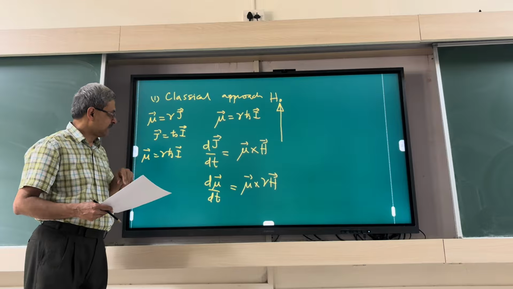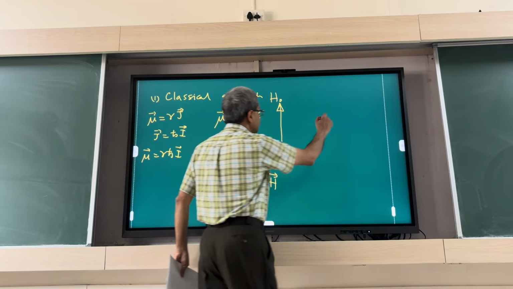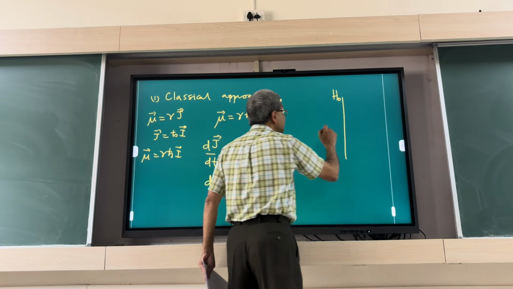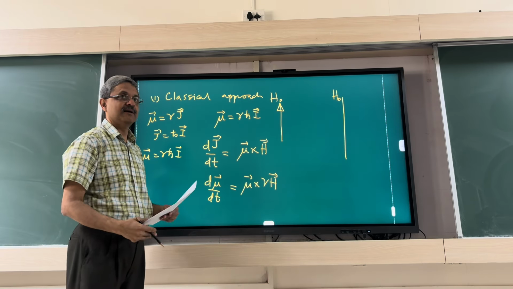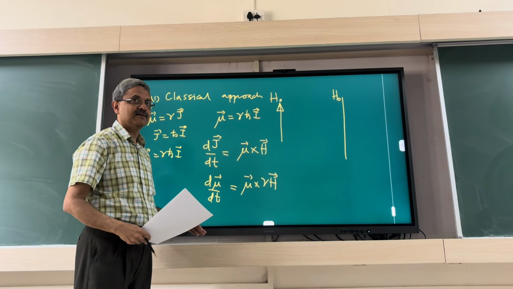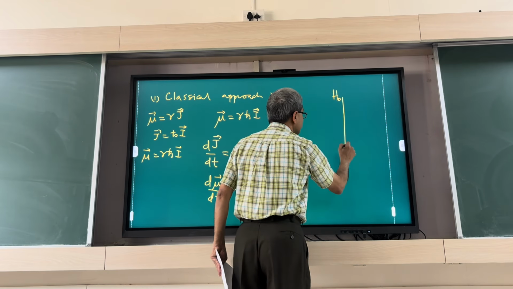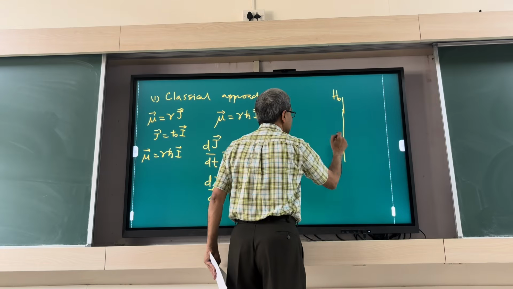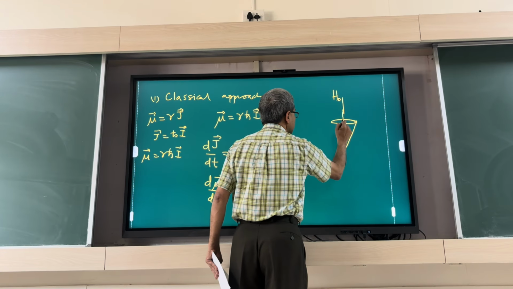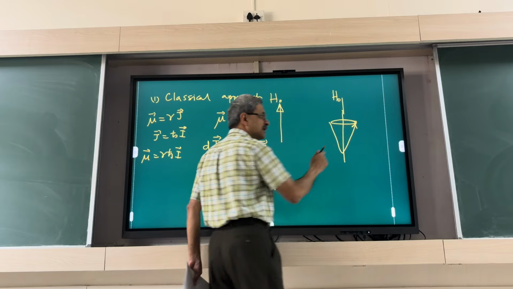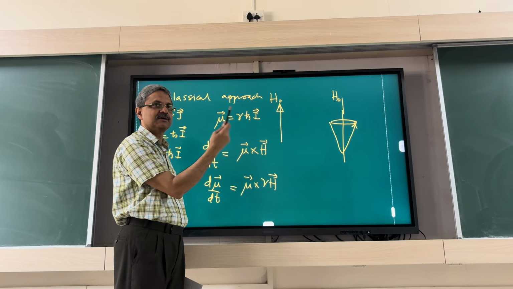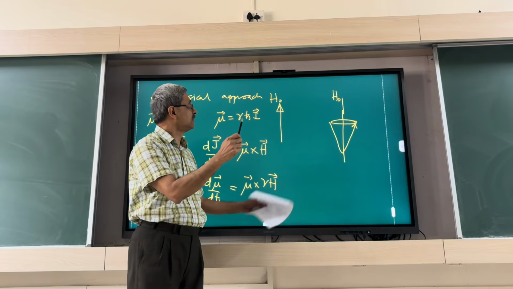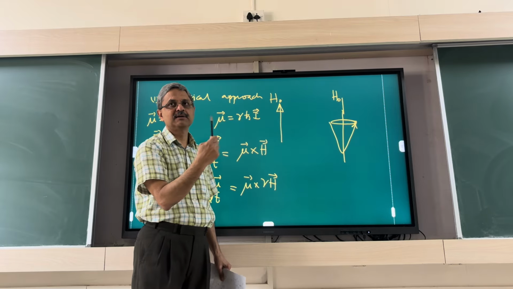So if I have a DC field H naught in the z direction, then the motion of this is a precession motion, so it goes this way. It's like spinning about its own axis, like a gyroscope, and also going around the axis defined by the magnetic field. That's the motion.